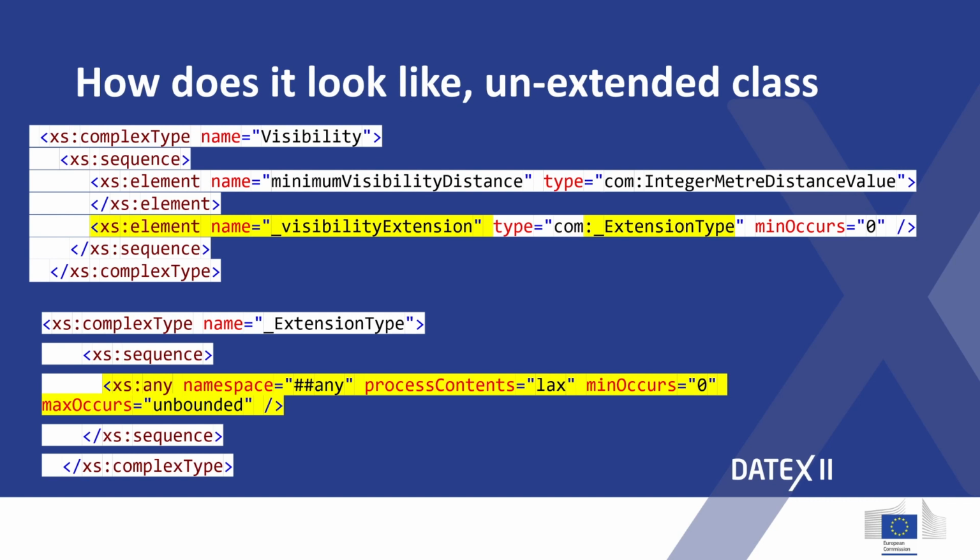You see here the underscore extension type has the xs:any inside, and this means that it can include anything. Anything you put there will validate. So this is how the unextended class can validate anything. It is prepared to find things that it doesn't understand.